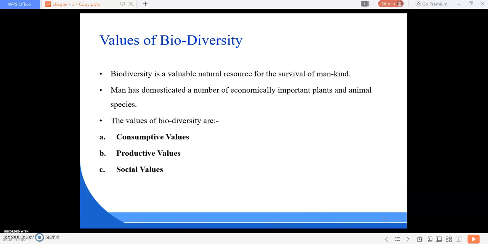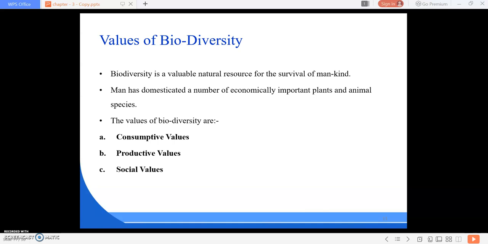Many plants and animals, including wildlife, are very important for human beings. They can be used directly or indirectly to have consumptive, productive, social, ethical, and aesthetic values, that is, in terms of money.